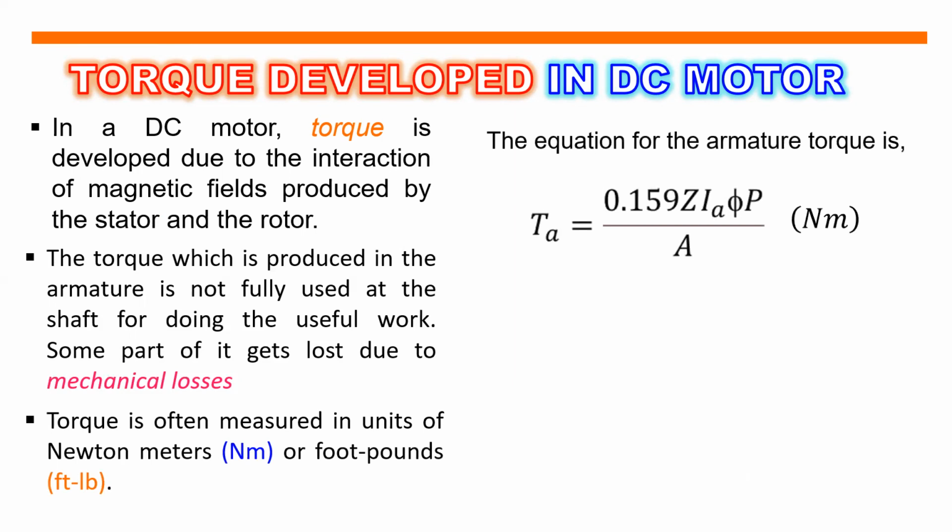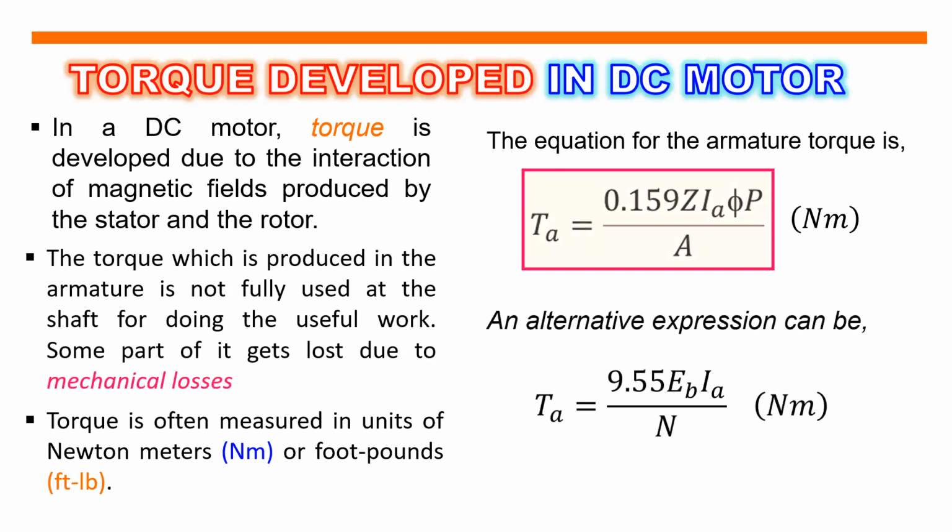So to get the torque developed in a DC motor, the equation for the armature torque is T sub A equals 0.159 multiplied by the number of conductors multiplied by the armature current multiplied by the flux per pole multiplied by the number of poles, all over the parallel paths, in terms of Newton meter.